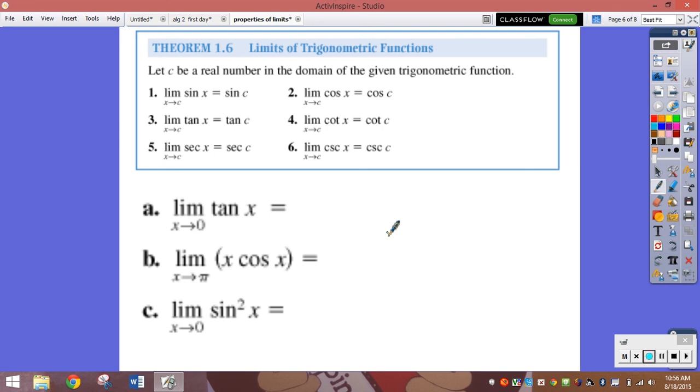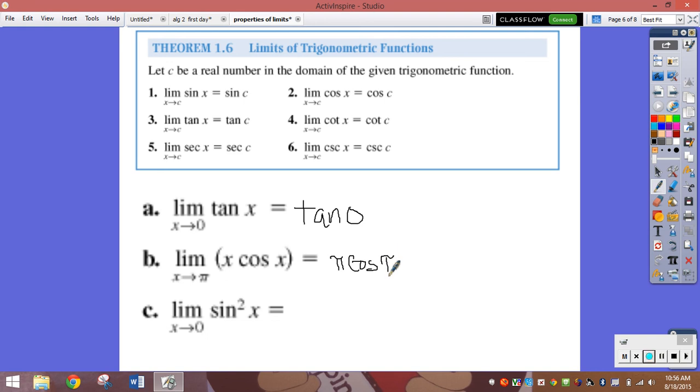The limits of trig functions, pretty straightforward. If you're taking the limit of a trig function, you just substitute the c value in for x and then evaluate. So it's pretty straightforward. This limit would be equal to tangent of 0. This would be equal to pi times cosine of pi.